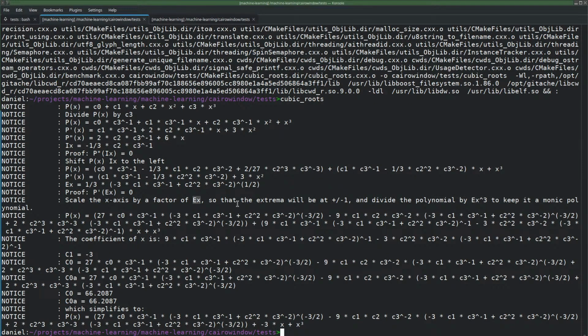But okay, both are defined by the x-coordinate of the local extremes, and then that forces the local extremes to be at -1 and +1, which means that you just have to get this.